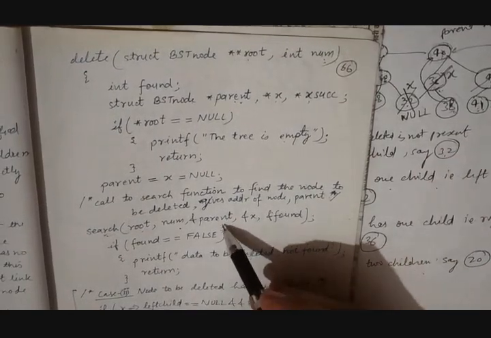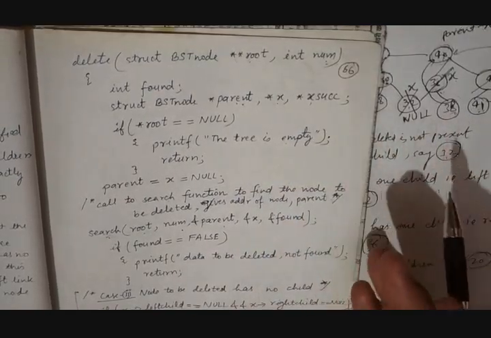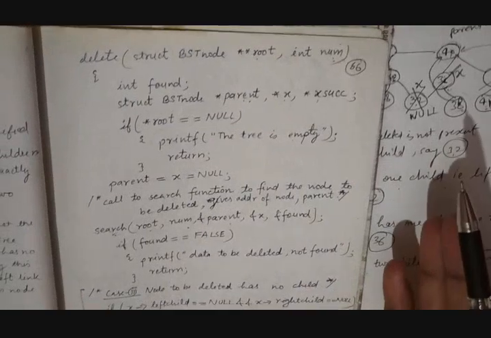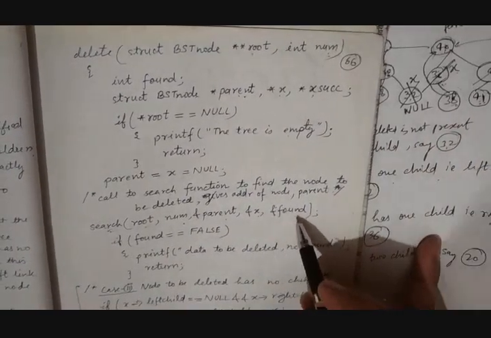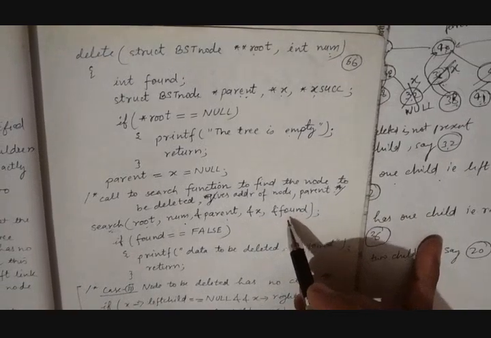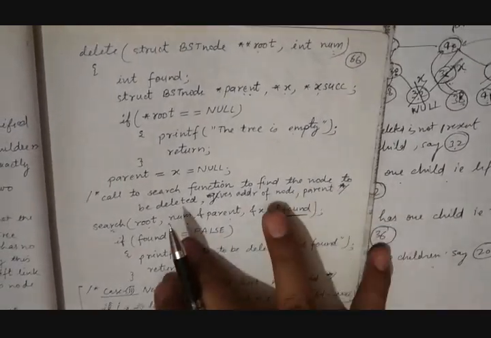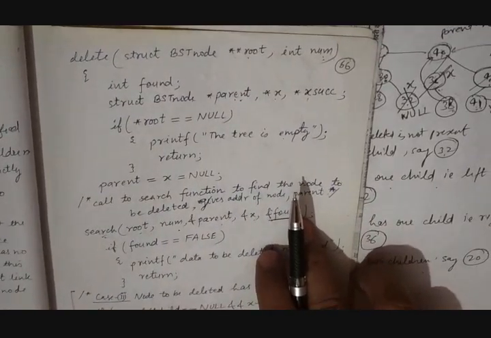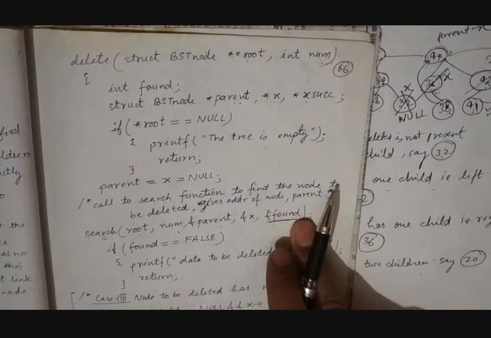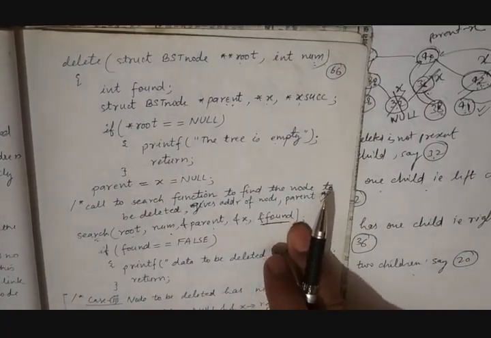Once we start from the root node, the parent will be automatically updated during the movement of that pointer. And then we are also passing pointer X and the address of found. So the address of found tells you that if this function is returning true, it means the item is found. If it is returning false, then we can say that the item which you want to delete is not found.